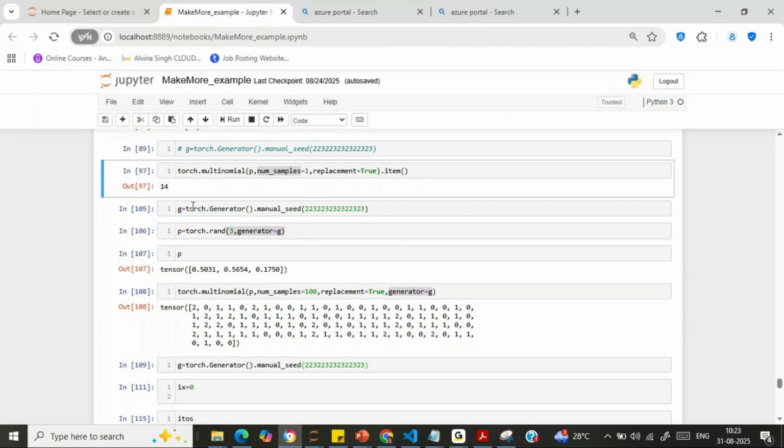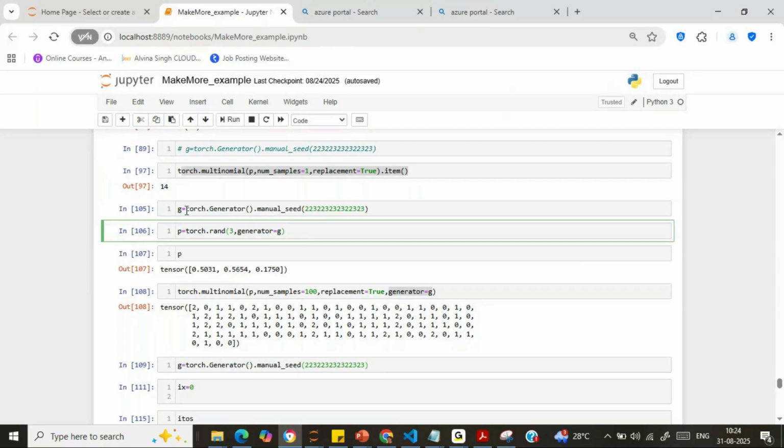Over here, what we found is that if I want one sample from the given P, it was randomly giving a particular number. Sometimes it was giving 14, sometimes 25, sometimes 0. Yesterday we have seen this. This is because of the multinomial function inside PyTorch. So we have utilized this function in order to find out the most likely character, the most likely letter.